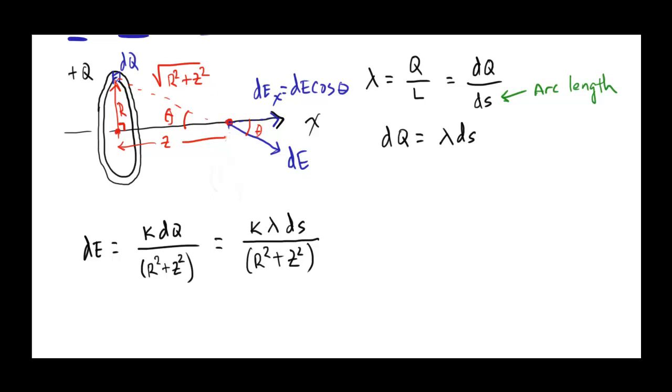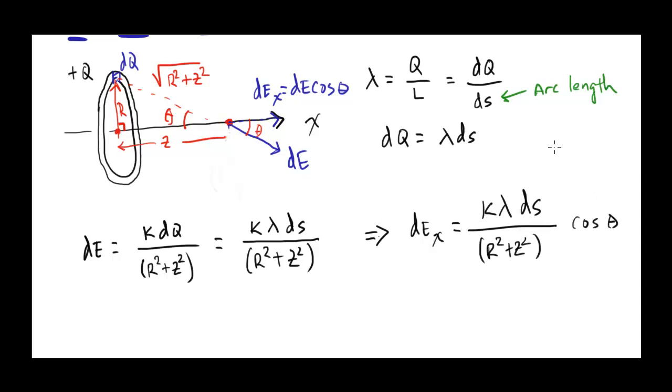So I can continue my calculation by saying dE along the x-axis is k lambda ds over r squared plus z squared times the cosine of theta. So that's my equation for dE in the x direction.